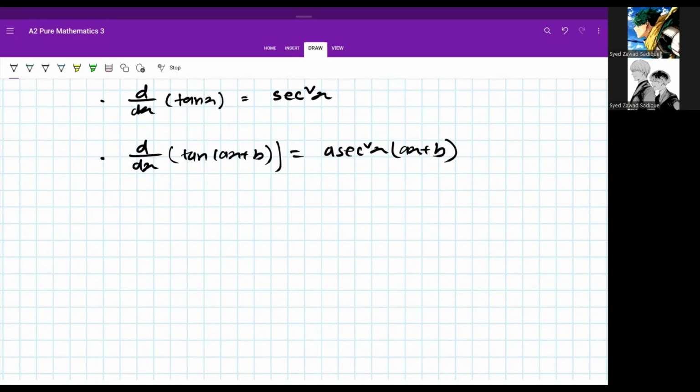Now we'll move into what's actually the further calculus part of this chapter.